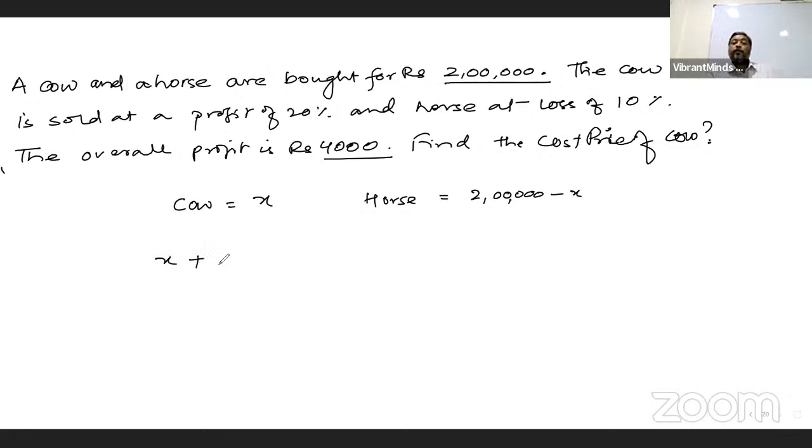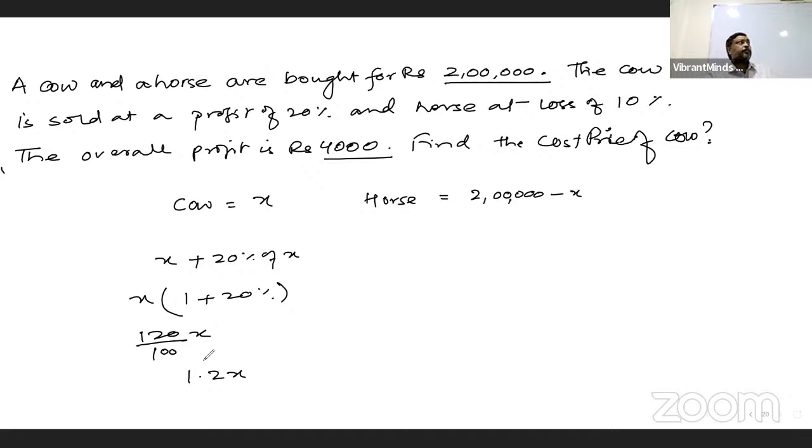That means X plus 20% of X. Let's take X as common: 1 plus 20%, that means 120 by 100 X. Or this can be written as 1.2x.